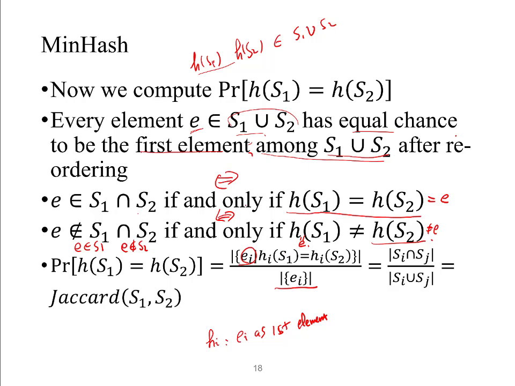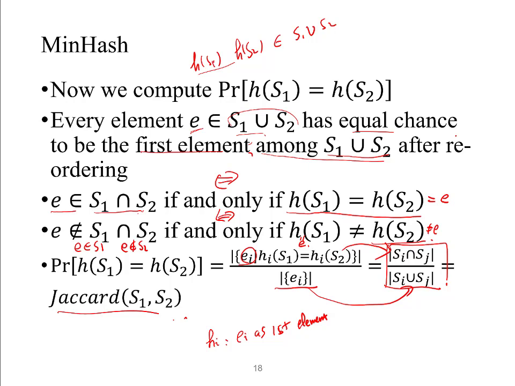Now, since we know that HI of S1 and S2 are equal if and only if E is in the intersection of S1 and S2, here this part is the size of the intersection of S1 and S2, and this is, as we have mentioned before, the Jaccard similarity.